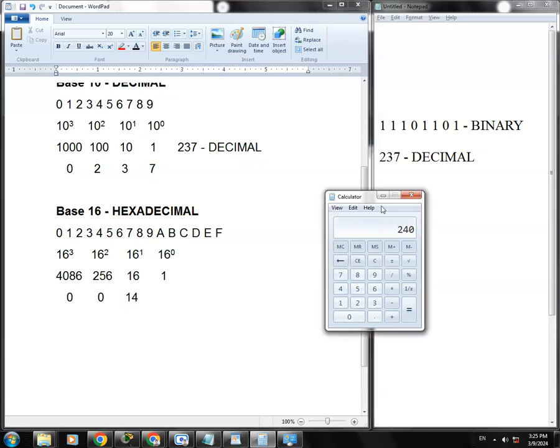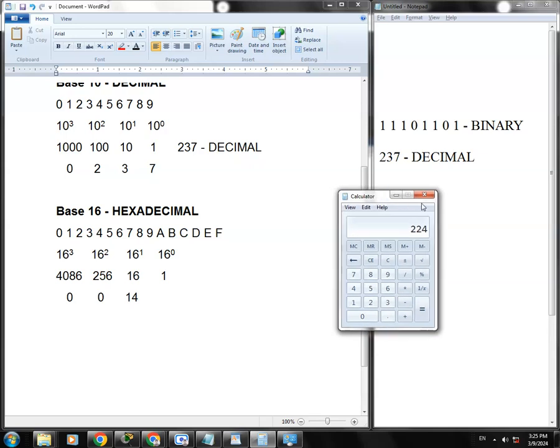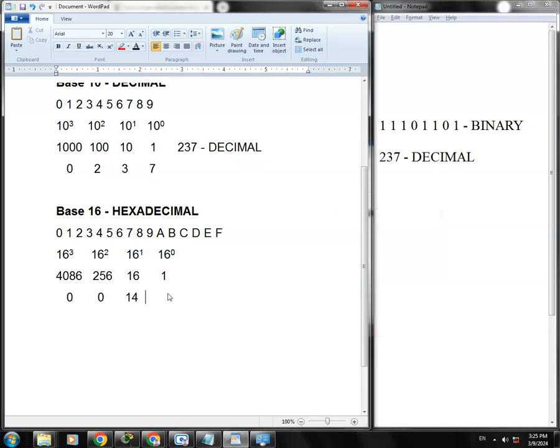What else? We still have a remainder. 16 multiplied by 14 is already 224, and 237 minus 224 is 13. So we still need a value of 13. We can just put down here that we need 13 pieces of one.